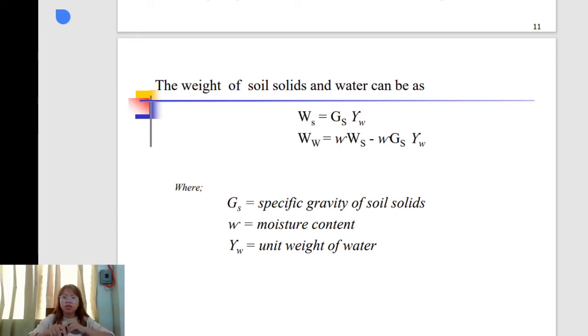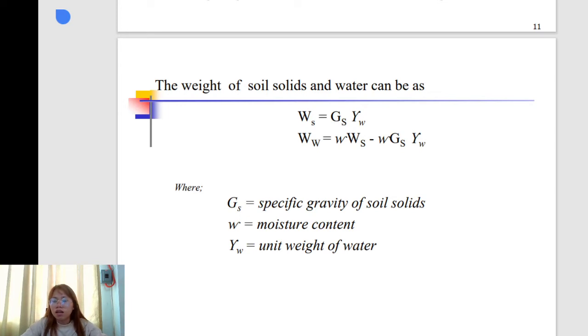So the weight of the soil solids is actually equal to specific gravity times the unit weight of water. So that the weight of the water is equal to moisture content times weight of the soil solids. This is not minus, this is equal.